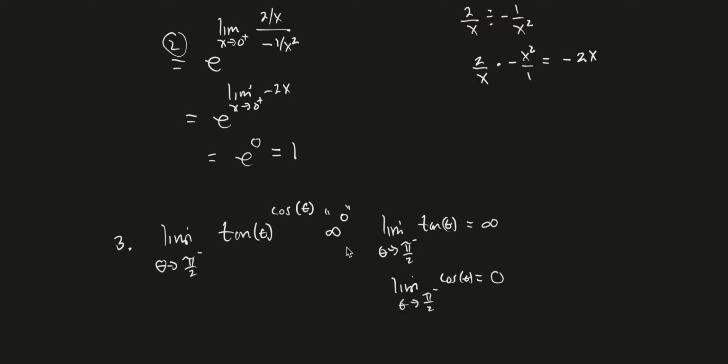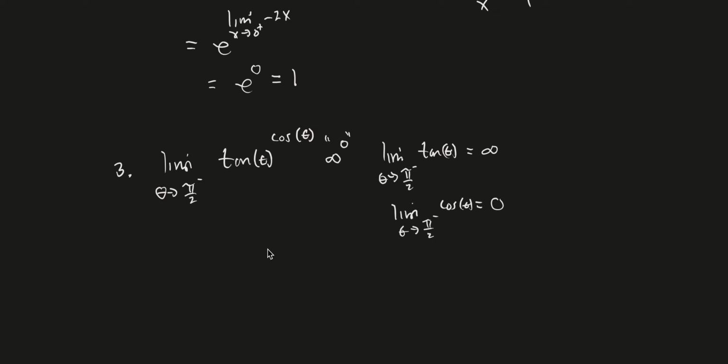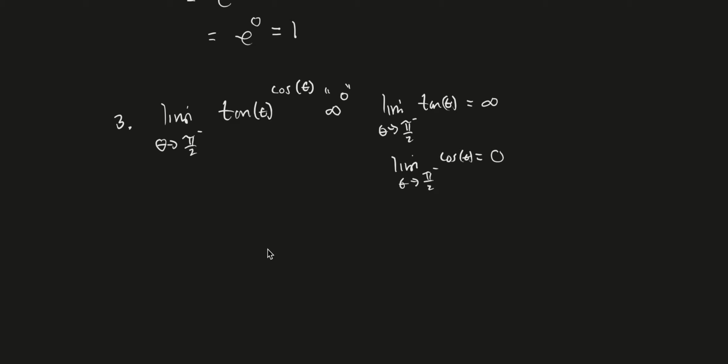Again, this is really strange because this is saying you have a function that is getting arbitrarily large raised to a function that is getting arbitrarily small. How does it reconcile? You have a big number raised to a small number. How small is the small compared to the magnitude of the large? We don't really know. So again, it's one of those things that we can't tell by looking.